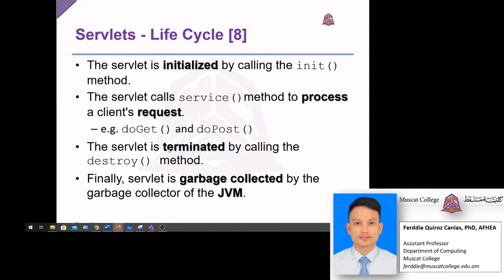It is a good practice that whenever you terminate an application, you have to do the garbage collection, meaning you have to free up the memory space and disk space if necessary, so that the resources will be assigned to a new request, to a new client.